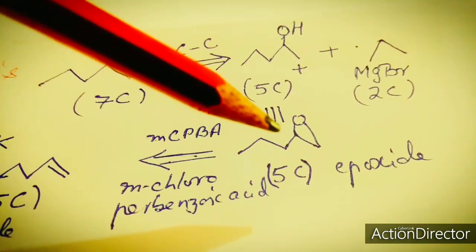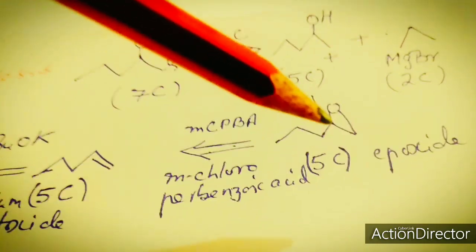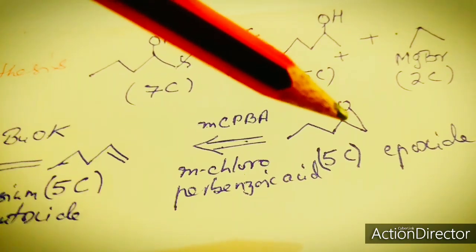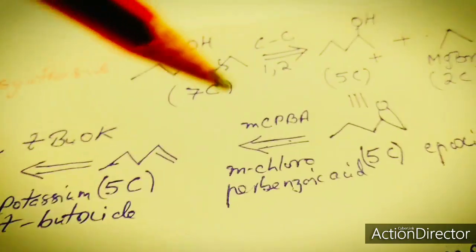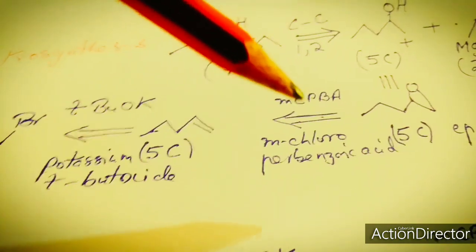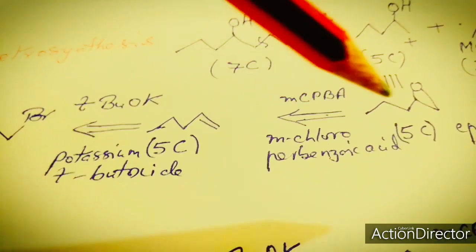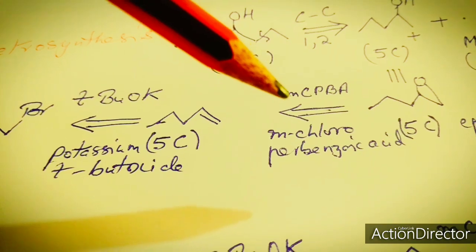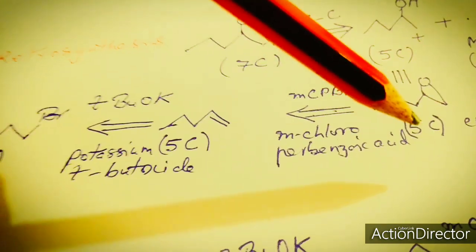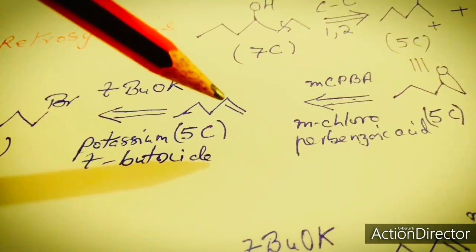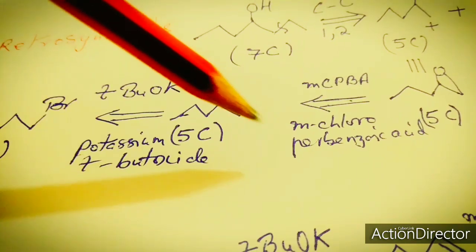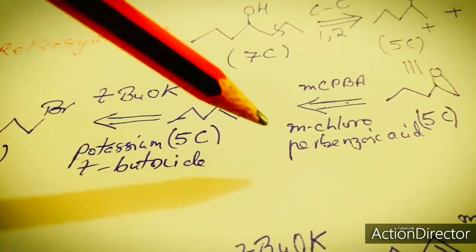Can it be simplified further? Yes, it can. Because we know an epoxide ring is formed from a double bond by epoxidation with perbenzoic acids. So in the reverse, we will write it here, that is, while we are trying to synthesize, this epoxide is synthesized from epoxidation of a double bond.